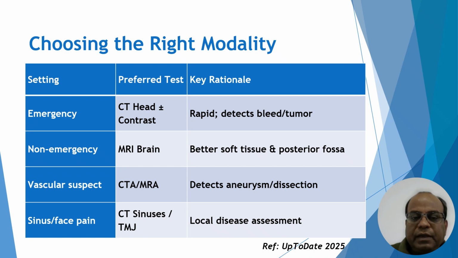But if you suspect aneurysmal or any vascular lesion, then CT angiogram and MR angiogram is necessary. And for sinus or facial pain, where local disease assessment is necessary, you can do CT sinuses or temporomandibular joint imaging. Sometimes plain X-ray can be helpful.